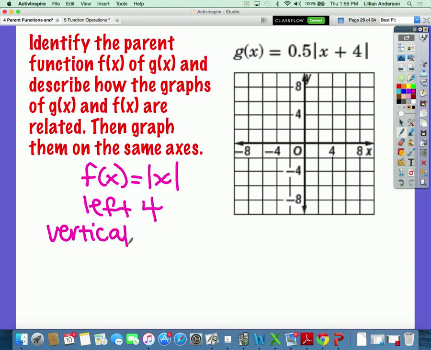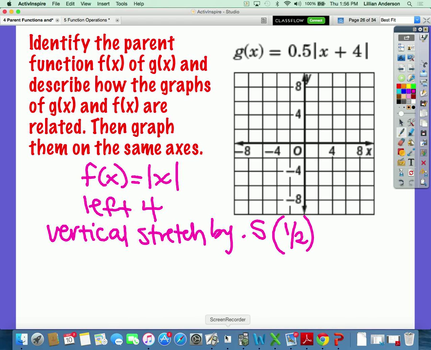What's a? Is it greater than 1 or in between 0 and 1? In between, so it's going to be a stretch. By a factor of what? Is it going to be 0.5 or is it going to be 2? 0.5. When it's vertical, it stays true to the number. It's horizontal when you flip it. Okay? Correction. Shrink.